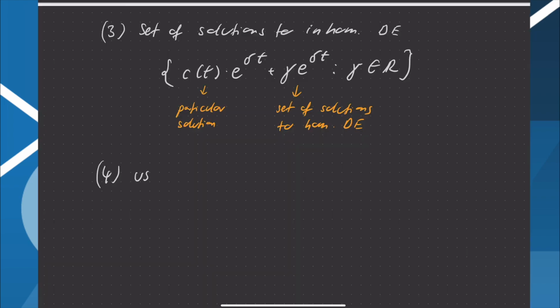So just mention that: use initial values to determine constants and single out the one function that accurately describes the situation at hand here. We'll see an example about that in one of the next videos that hopefully makes this a little clearer.